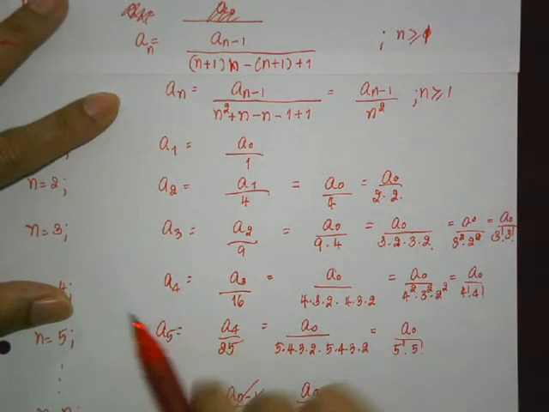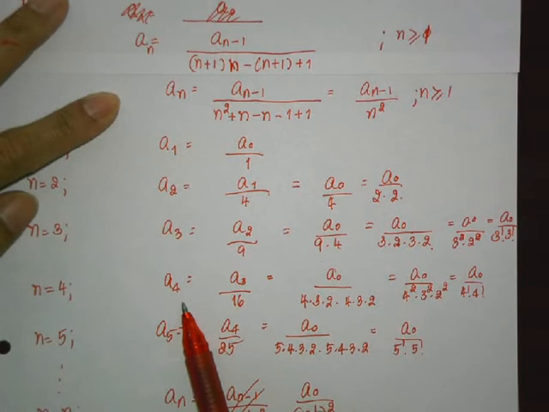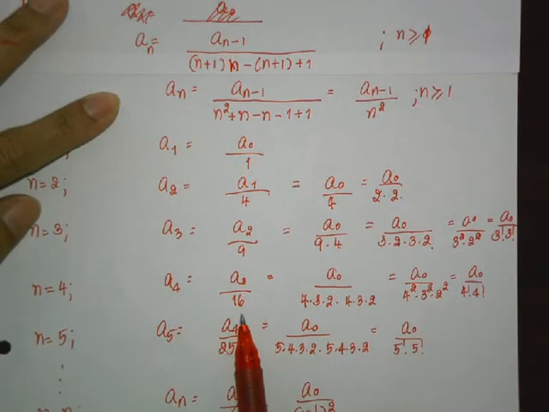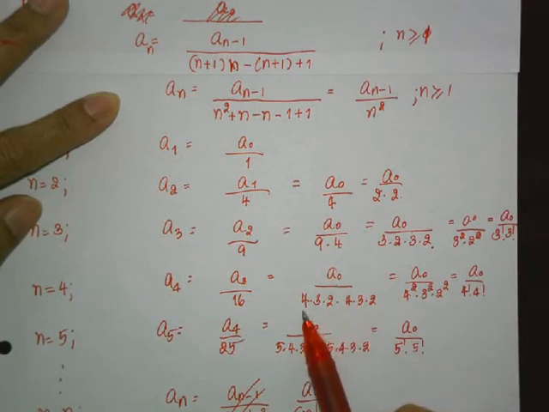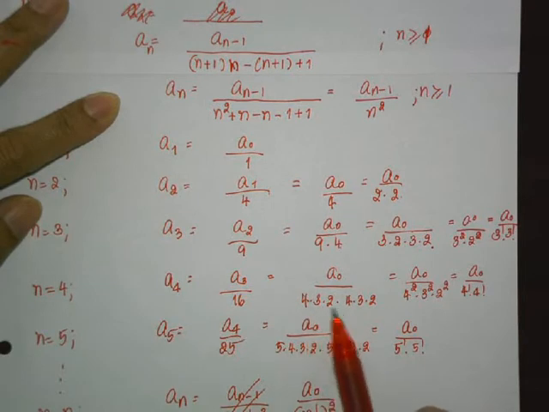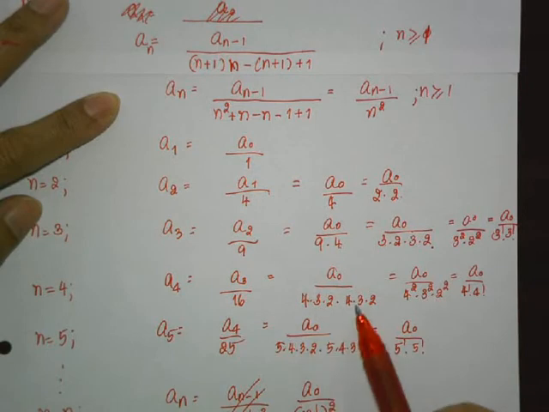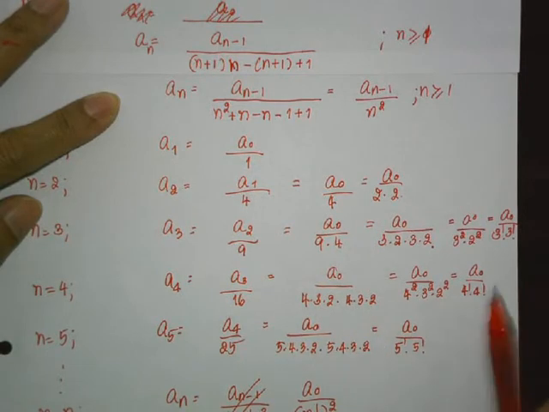And then when we put n equal to 4 there, we got a3 divided by 16, which is a0 divided by 3 times 4, 4 times 3 times 2, which is 4 factorial. And we have another 4 factorial there, so it's equal to a0 divided by 4 factorial times 4 factorial.